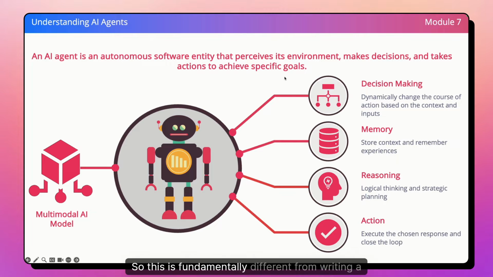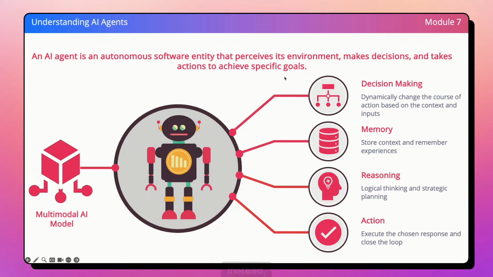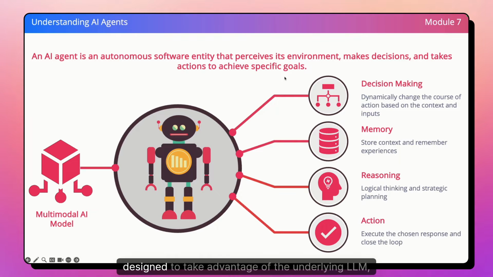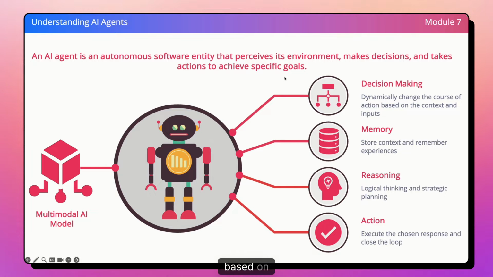So this is fundamentally different from writing a program that just consumes an LLM or a multimodal AI to generate text or to respond to some questions. Instead, an agent is designed to take advantage of the underlying LLM, but to perform a dynamic action based on the goal that is handed over to it.